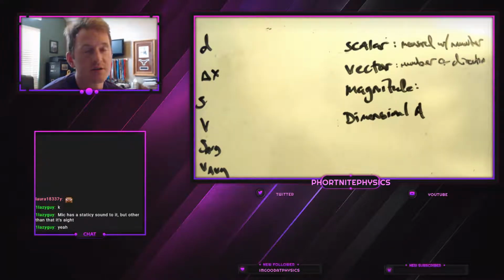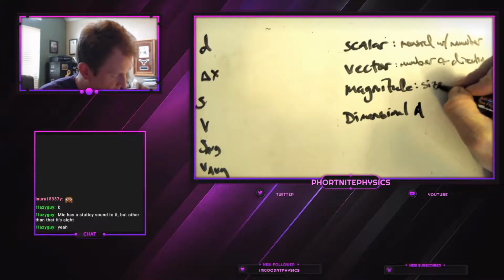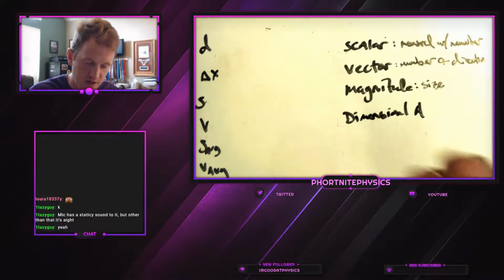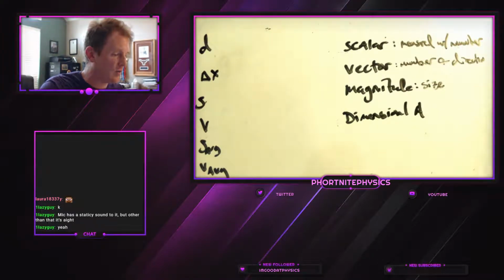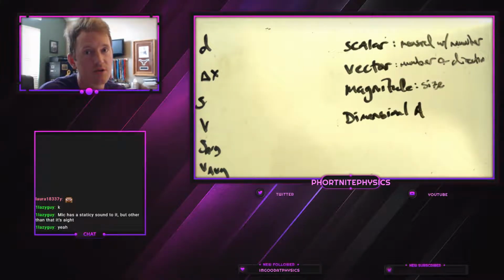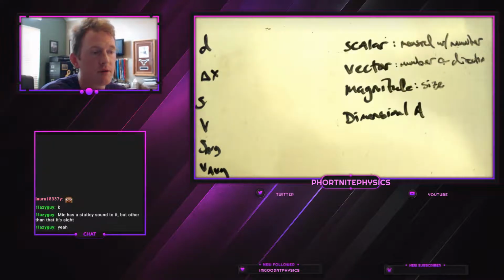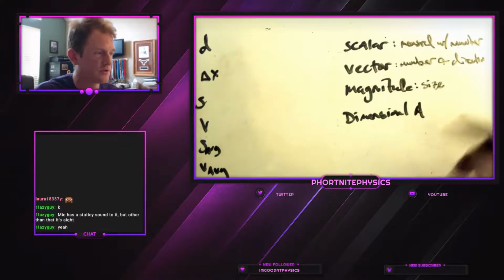So when you stand on a scale, the magnitude of your weight is the reading on the scale. Most people, when they hear the word magnitude, think earthquakes. Well, magnitude of an earthquake is pretty much the same thing. It just tells you how big the earthquake is. So magnitude can be defined as the size of a particular scalar or vector.